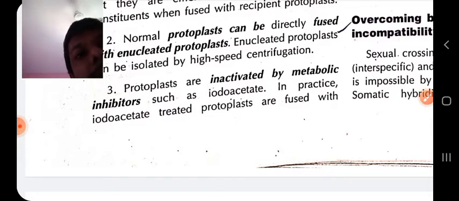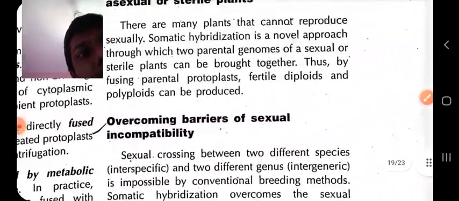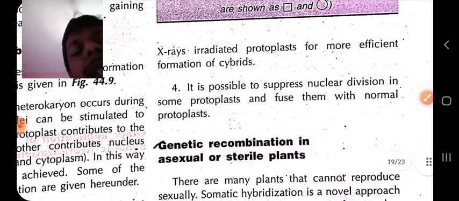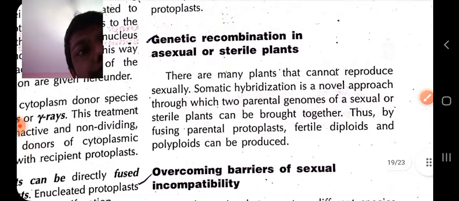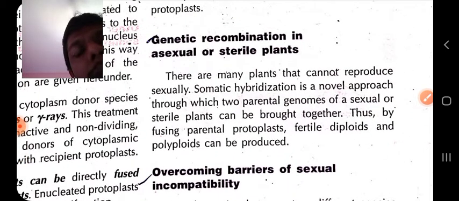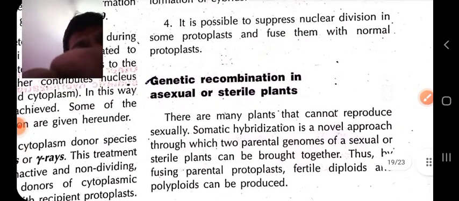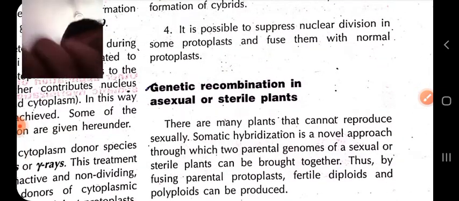And lastly, it is possible to suppress the nuclear division in some protoplasts and fuse them with normal protoplasts. So there are many ways through which we are able to achieve hybrid formation.